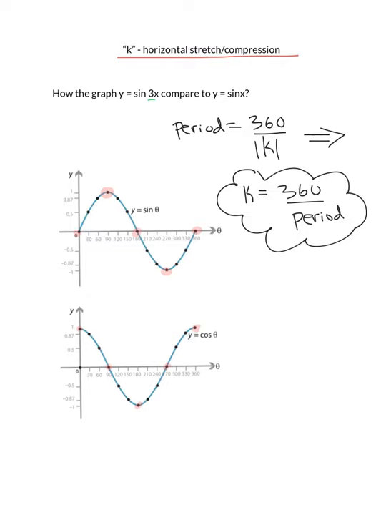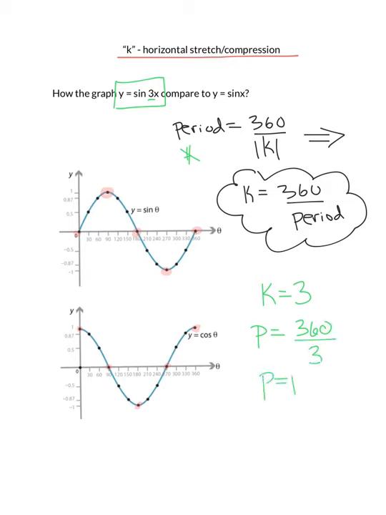So you're probably wondering, like, what does this mean? Why do I care? I just want to graph this thing. So what you're going to see in this equation, y is equal to sine of 3x, is that my k value is 3. This means that my period, if I plug it into this formula here, period is equal to 360 over k, so 3.